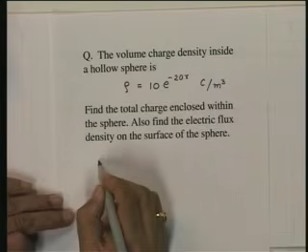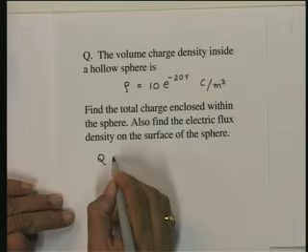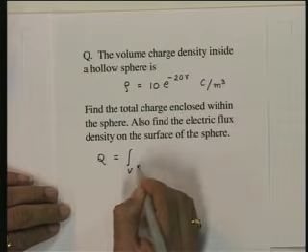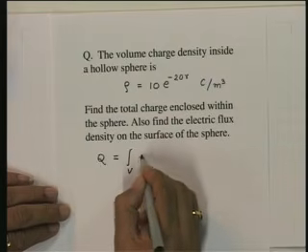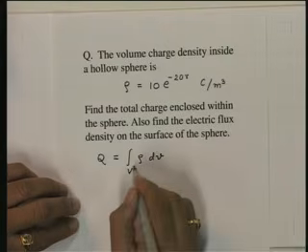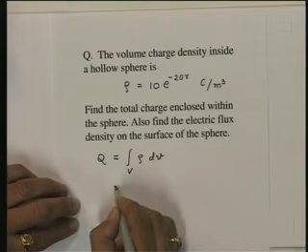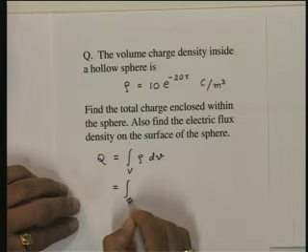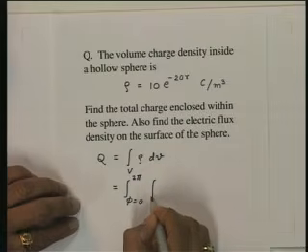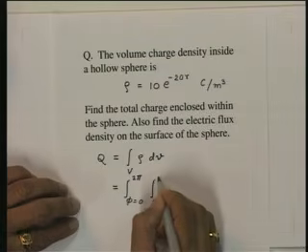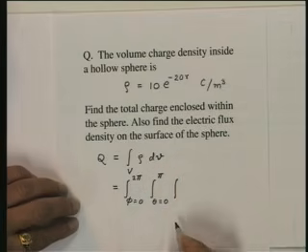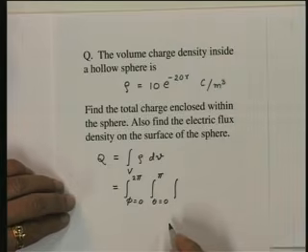So, the total charge enclosed inside this sphere Q, that will be equal to the integral over the volume of the sphere of rho into dV. So, if you write down this volume into the spherical coordinates, this is equal to phi going from 0 to 2 pi, theta going from 0 to pi, and r, which is the radius of the sphere, which is 2 meters.